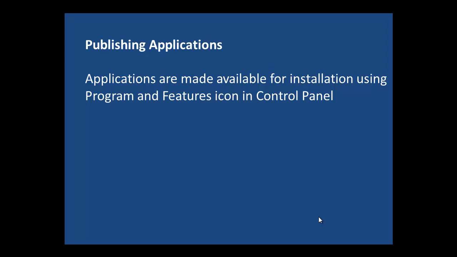Instead, the application will be made available to the user using the Programs and Features icon in Control Panel. So when the user needs to install a published application, the user is going to have to open Control Panel, go to Programs and Features, and the user will then see the name of that application, and the user will install the application from Programs and Features.